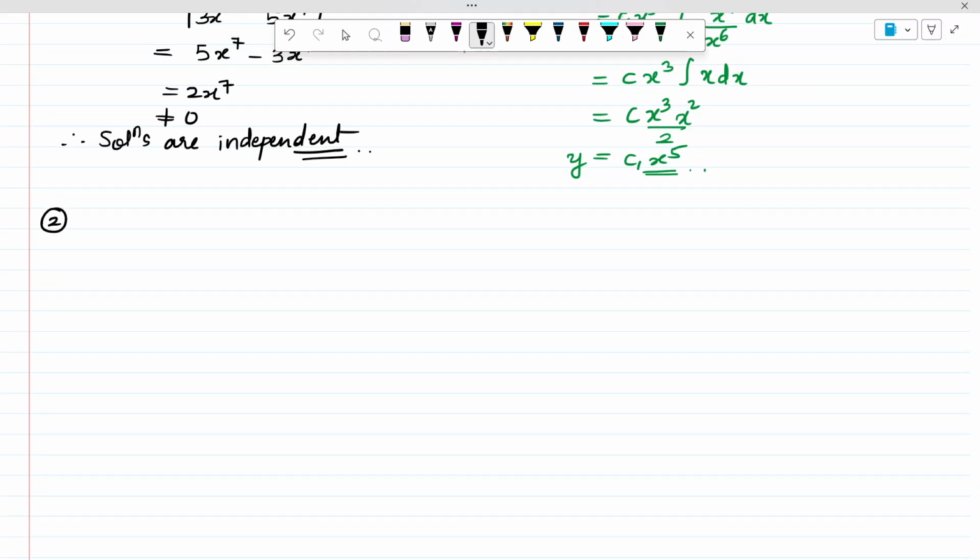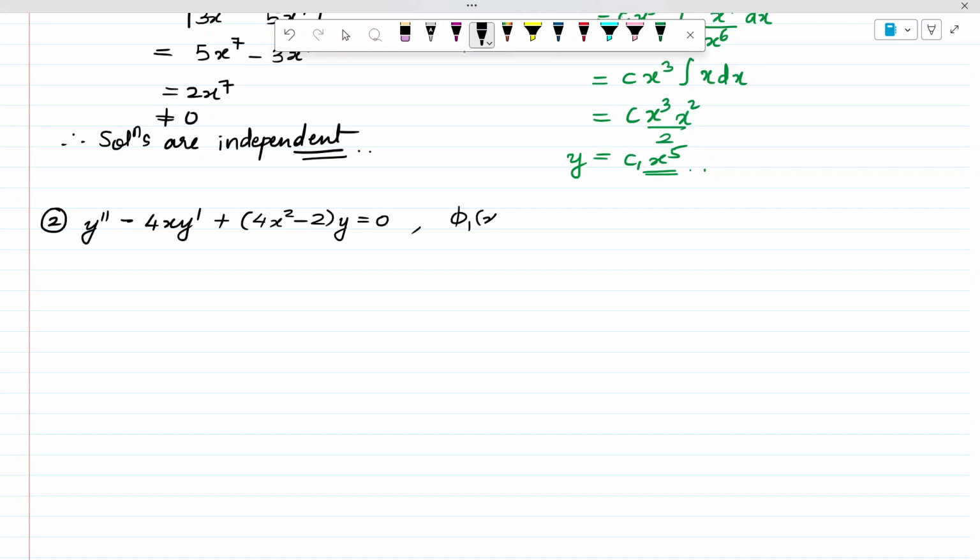Question number 2. The main question will remain the same. A solution will be given, you'll have to check whether it is a solution and you'll have to find the second linearly independent solution. So your y double dash minus 4xy dash plus 4x square minus 2 y equal to 0.